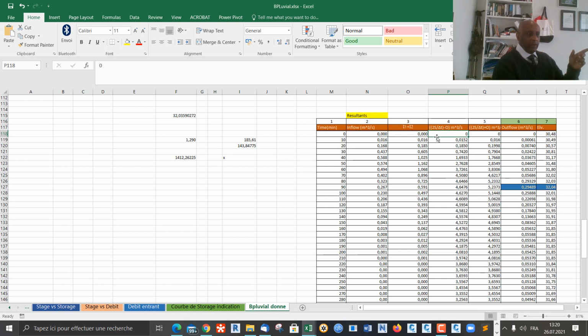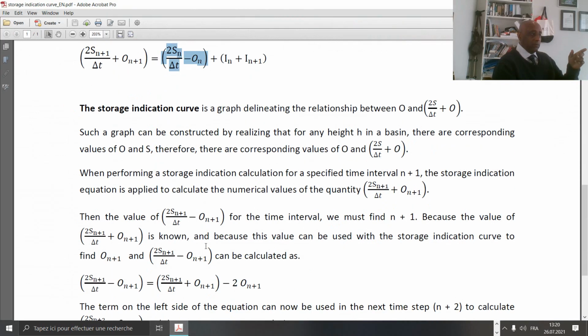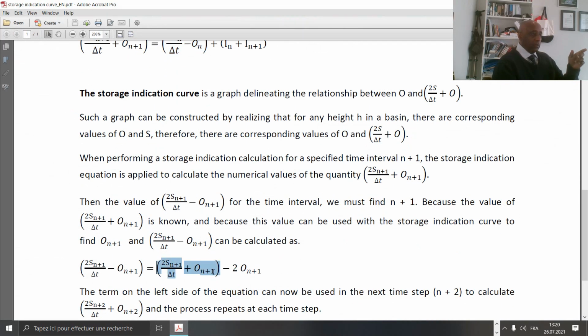Then when we sum up, the result we find is this one, 2S over changing time plus O. Once we found this equation, we can go to the storage indication curve and look for the discharge.